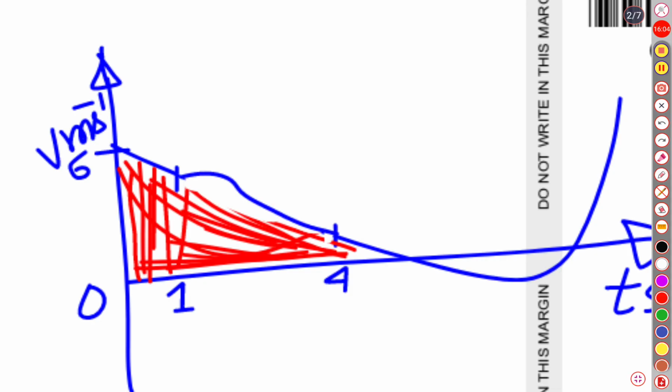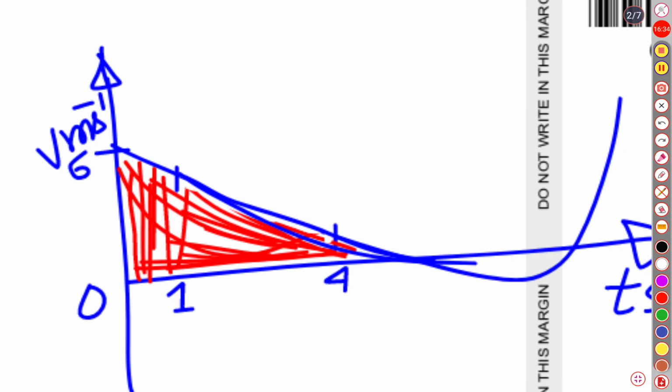Until 1 second it was the first phase when acceleration was constant, but for the next part acceleration was not as it was for the first second. It may go down this way, something like this.